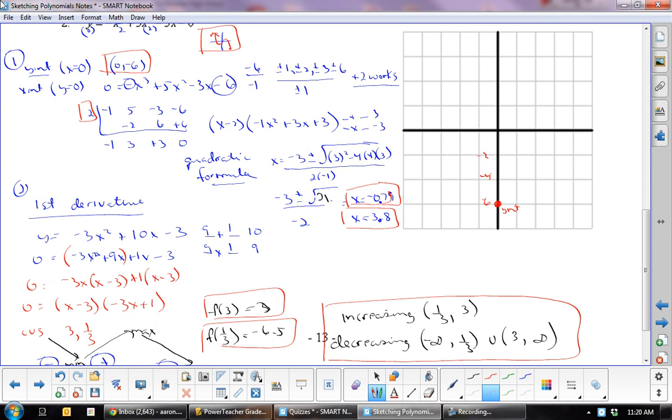Again, I'm going to go by 1s here, 2, 3, 4, because my x-intercepts are 2. Maybe just write x int there, and what was my other one? 3.8. So there's 3, this is another x int, and negative 0.8. So negative 1 is here, so I'll go there.